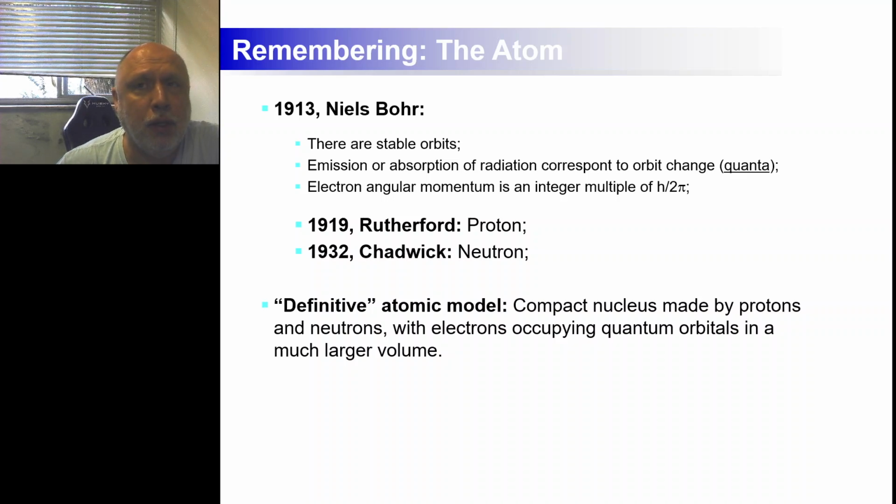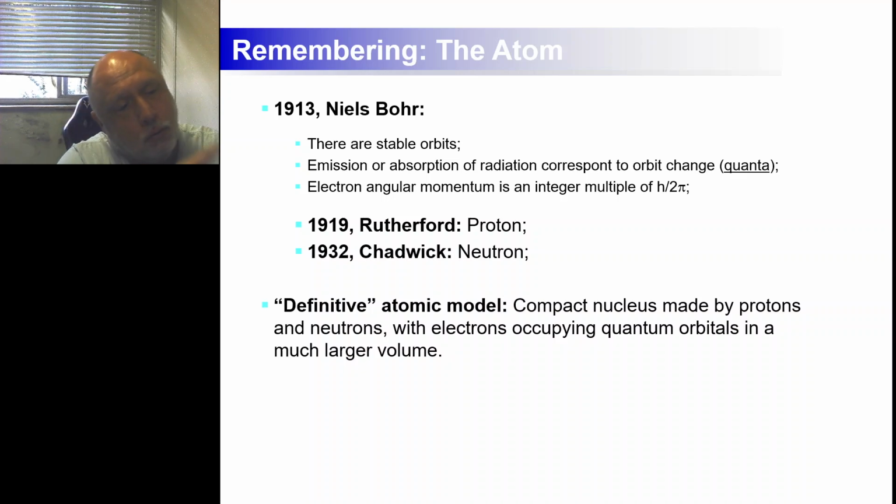And okay, quantum mechanics posed some troubles to this model, and Niels Bohr, who was one of the founders of quantum mechanics, said, okay, there are solutions to our quantum equations which are stable, meaning the particle can orbit the nucleus without emitting radiation, because usually if you have a change of direction you should have emission of radiation.